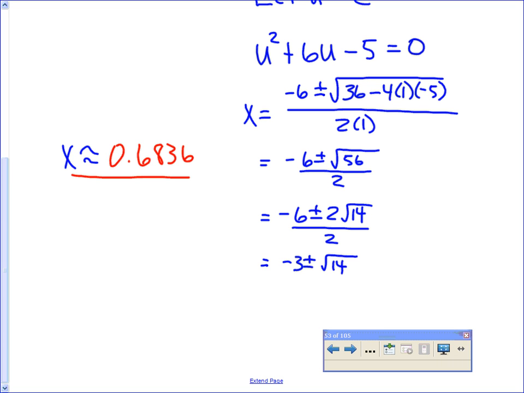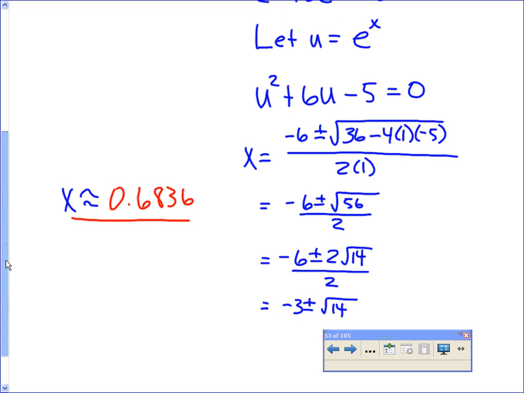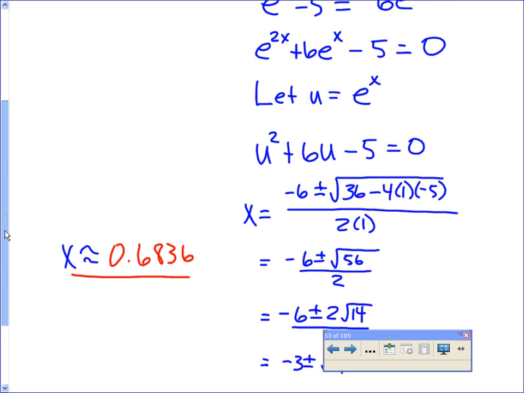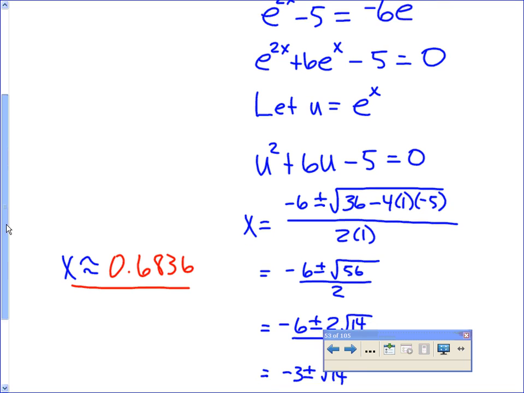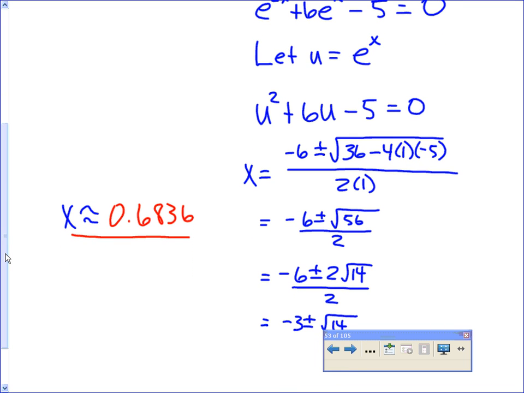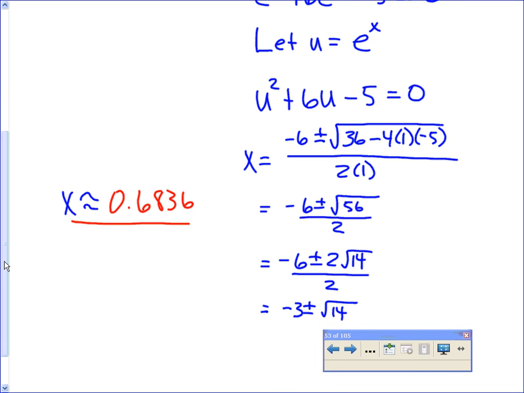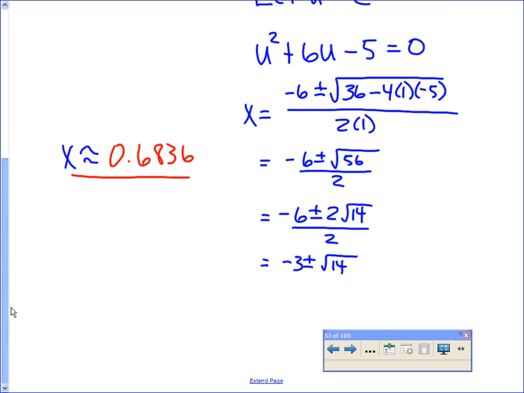Okay, so if you go back and look at the original, what this is going to produce is a negative number and a positive number, okay? What we know is that e to the x must be positive, okay? So now if we substitute back in, keep in mind this is what u is equal to, right?